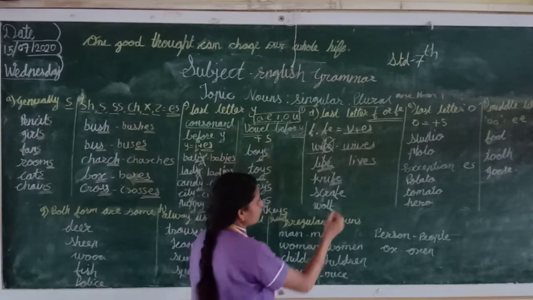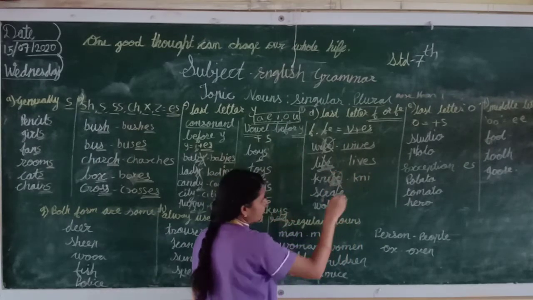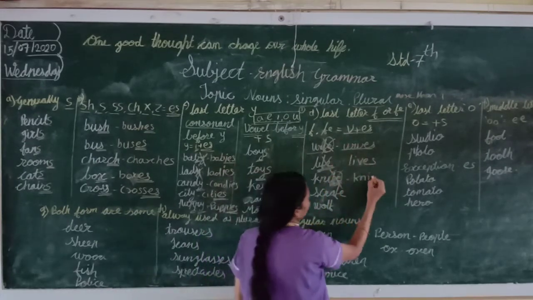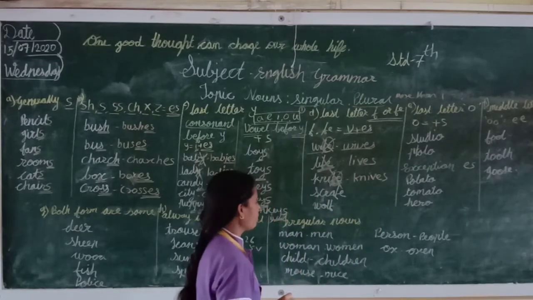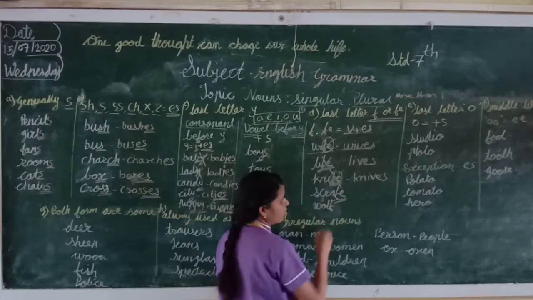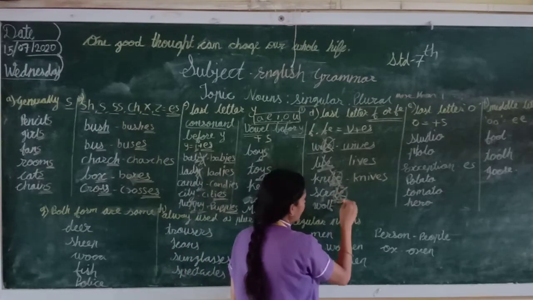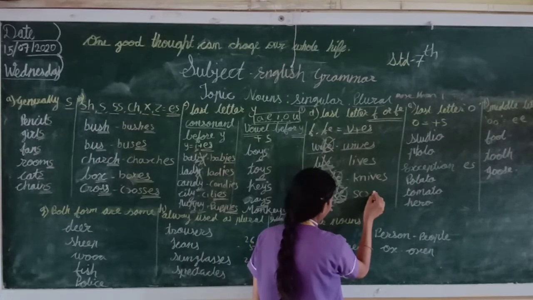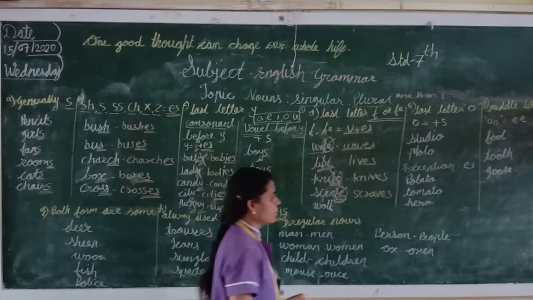What do we do? Knife. Fe is this. Remove these letters and write ves. Okay, knives. Scarf. Here also the last letter is f. So remove this f also, then write ves. I hope you understood, students.